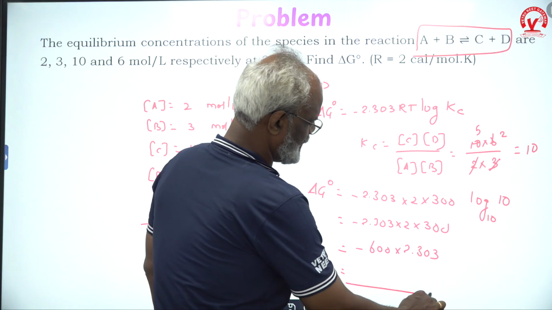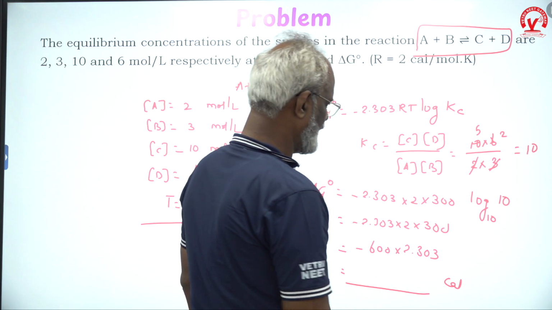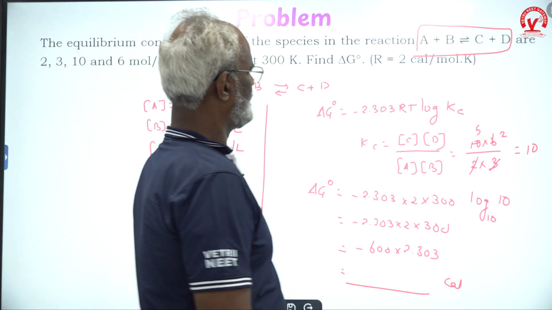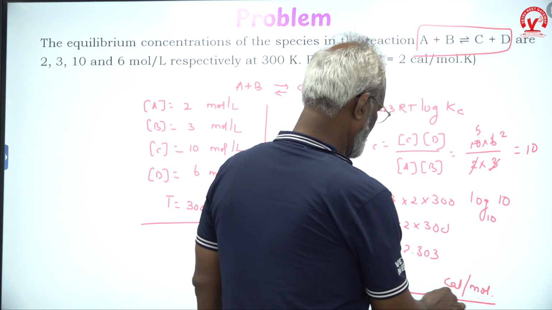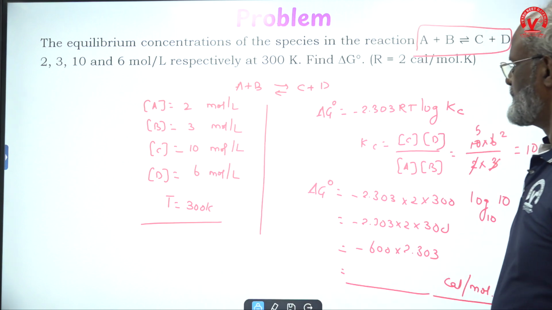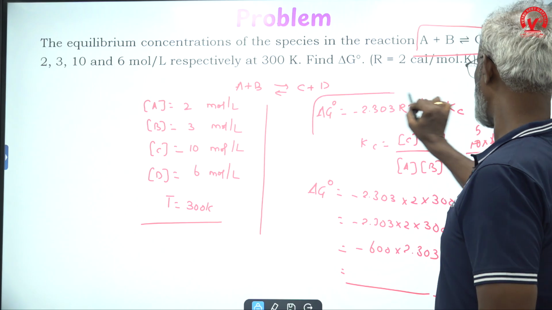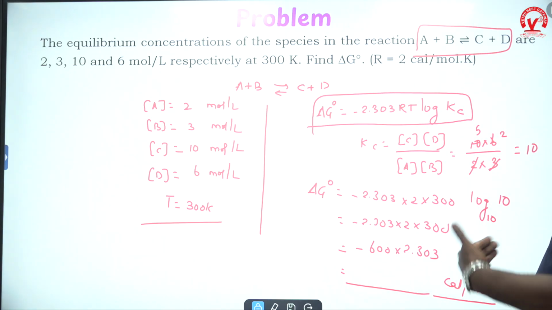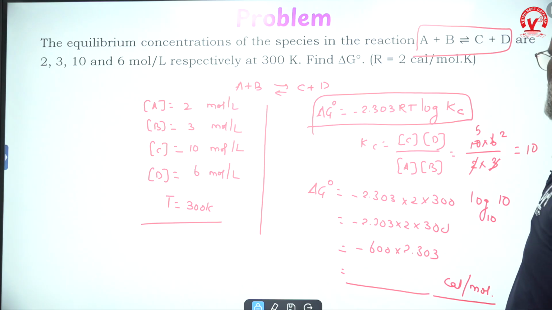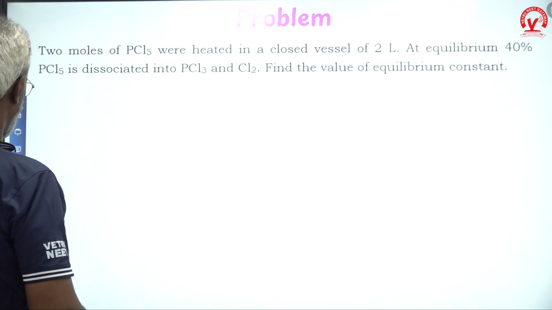You can multiply and find out, so many calories per mole. So this is the final answer. Are you able to follow this? So the relationship between the standard Gibbs free energy and Kc, the equilibrium constant based on concentration, is this equation.